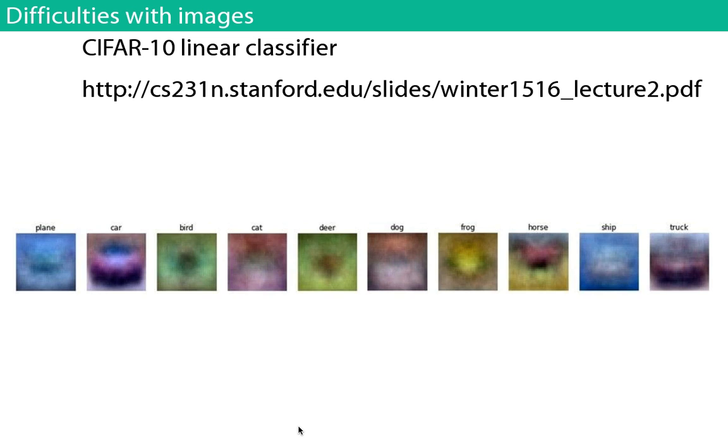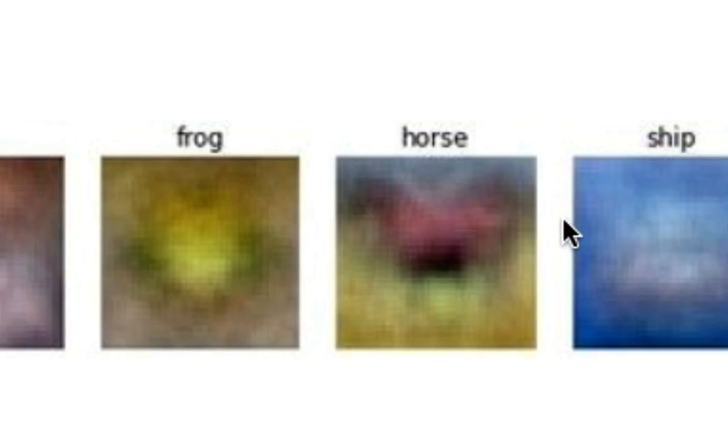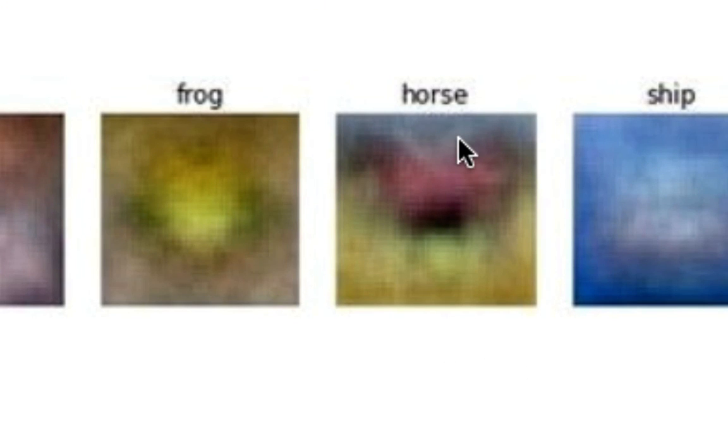There's very little definition. And what I like to zoom in on is the horse. Yeah, because the horse has two heads, because images of horses tend to be either right-facing horses or left-facing horses. So this is a good example of something really concrete that a 2-layer neural network might learn. In a 1-layer neural network, we would have a template like this, which means that a left-facing horse and a right-facing horse would never quite match this, because it would overlap only on one half of it, right?